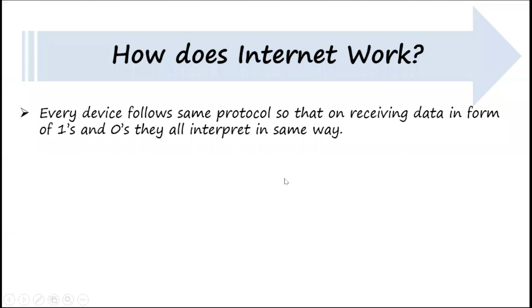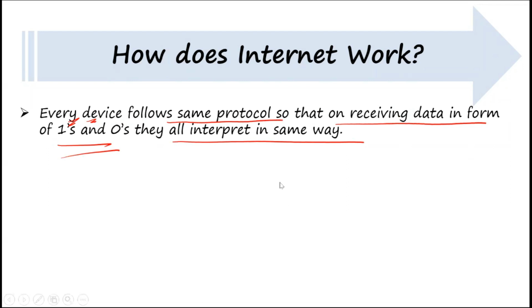That every device connected follows the same protocols, so that when they receive data in form of ones and zeros, they all interpret it in the same way. So the founding principle of how the internet works is that every device follows the same protocol, so that on receiving data in form of binary combinations, they all interpret it in the same way.